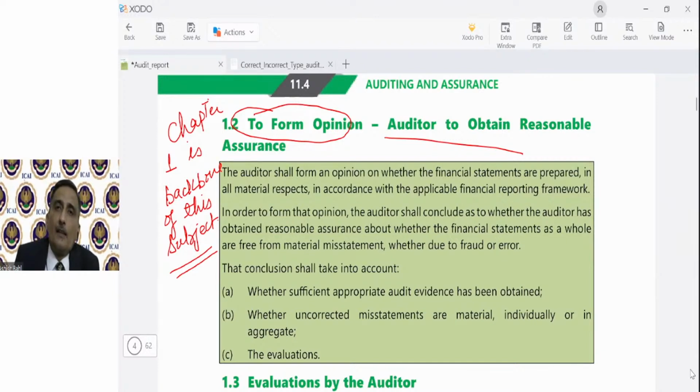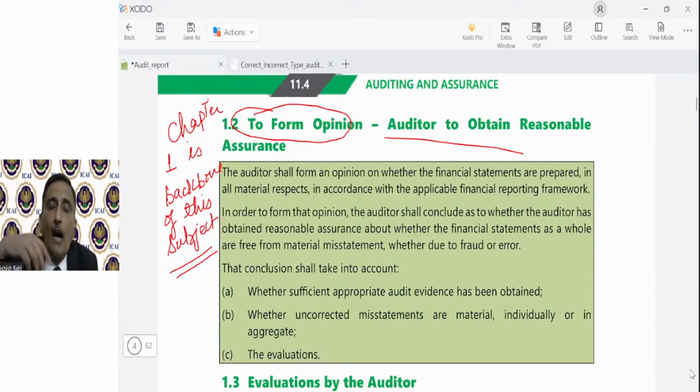So the auditor has to obtain reasonable assurance that the financial statements are free from material misstatement as a whole, and that they have been prepared in all material respects in accordance with the applicable financial reporting framework. And when he obtains reasonable assurance, which is a high level of assurance, then he draws conclusions.